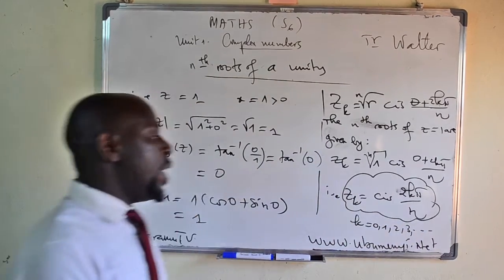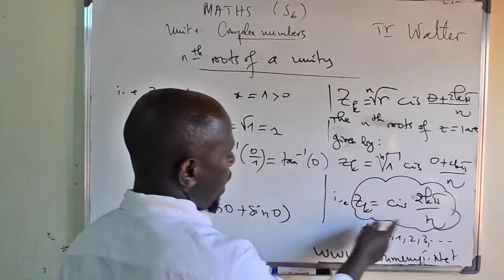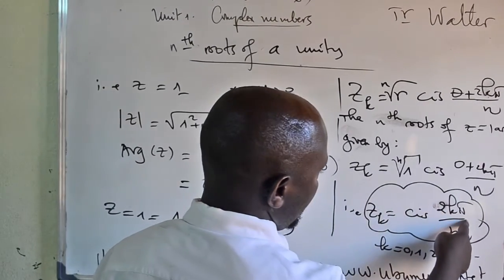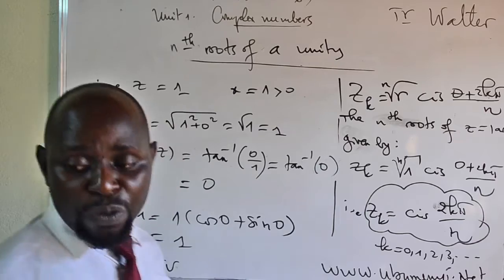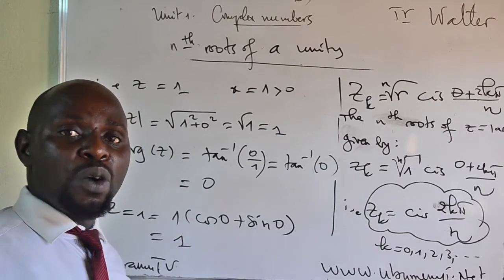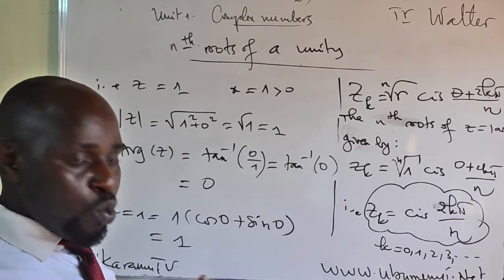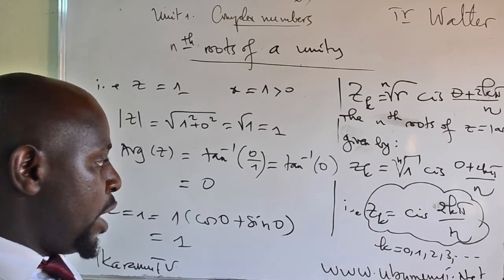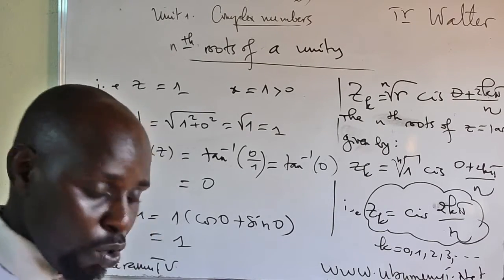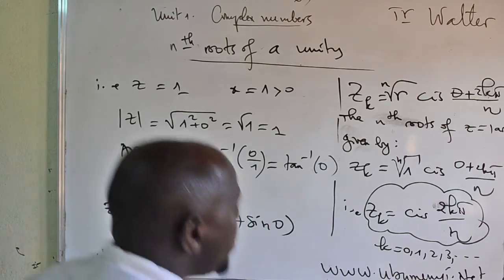Ladies and gentlemen, if you use this formula, zk equals cis 2k pi over n, you'll be able to find the nth roots of a unity, z equal to 1. Let's have an example.